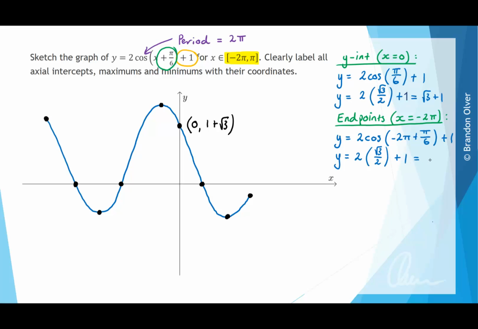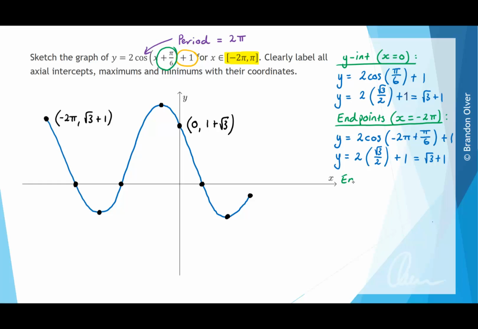And now that is going to be just root 3 plus 1 because we have 2 and divided by 2 being multiplied together. So that is the coordinate here, which is (minus 2 pi, root 3 plus 1). And because I'd already found that, that's how I knew to stop the graph here. So if you didn't know that already, you'd have to find that to work out where you'd stop your graph.